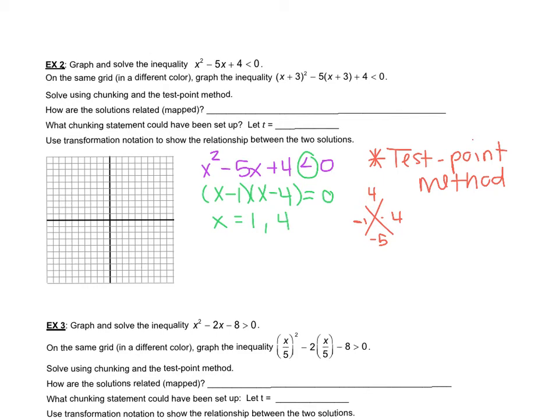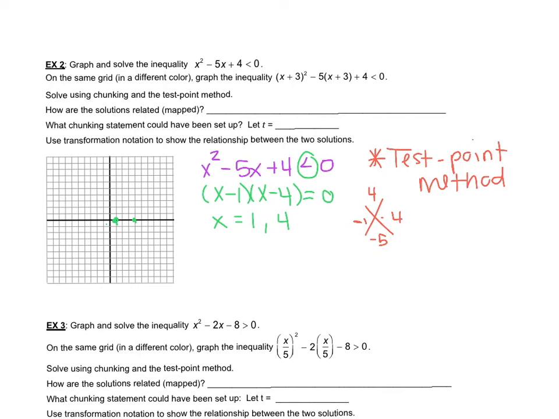So again, these are just my boundary points, not the solution to when this inequality was true. This is when the equation is true. So these are my boundary points, and that also means these are my x-intercepts at 1 and 4. So if I was going to start graphing this, that's where my x-intercepts would be.